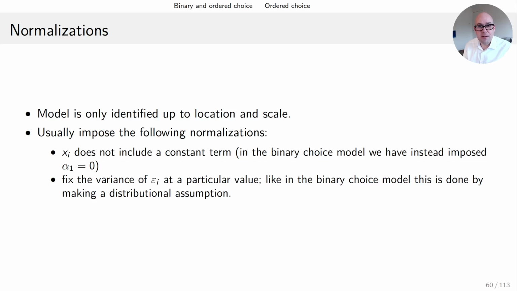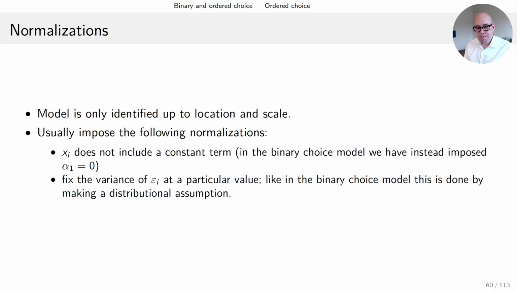But then in the more general case we need these alphas, but that begs the question, does xi beta have a constant term in it? So usually what's done is that xi is assumed to not include a 1 as the first element, so the xi beta doesn't have a constant term in it. What we have done instead in the binary choice model is we have assumed that alpha 1 is equal to 0.